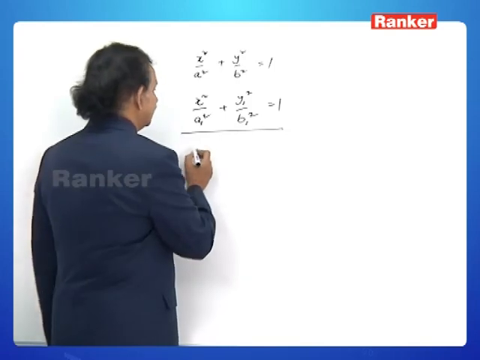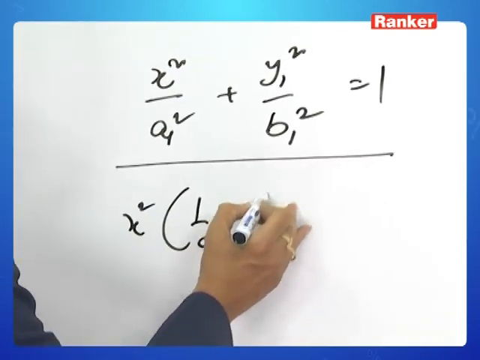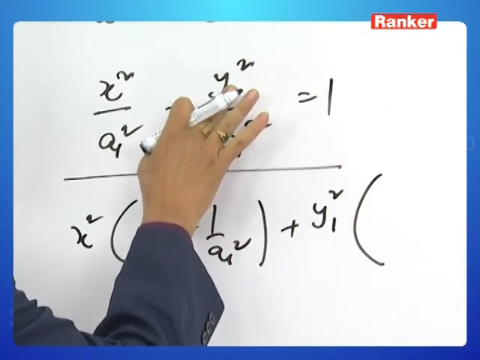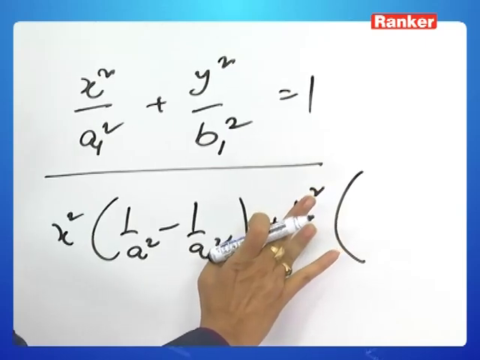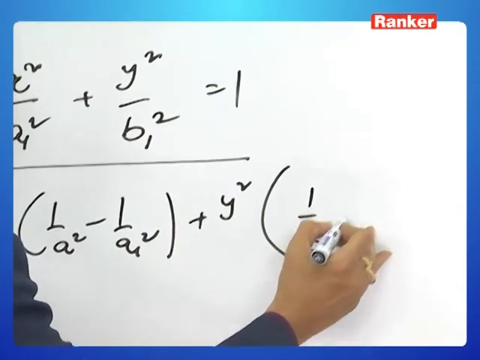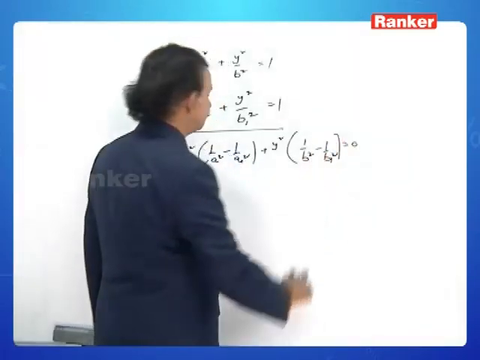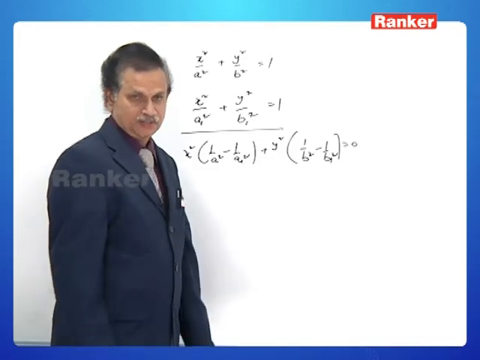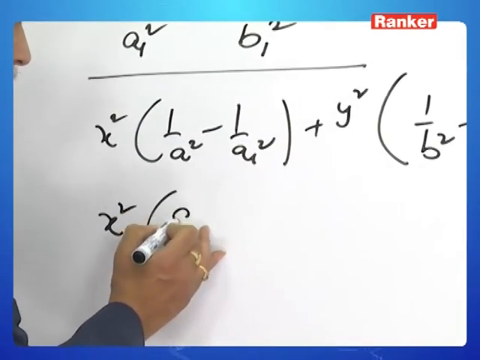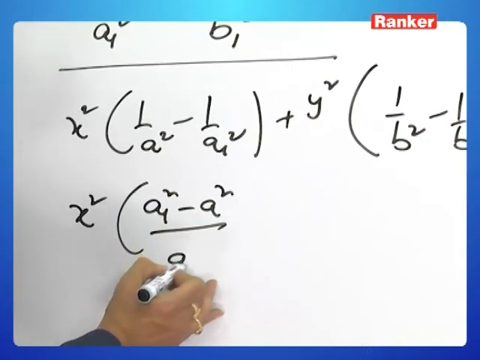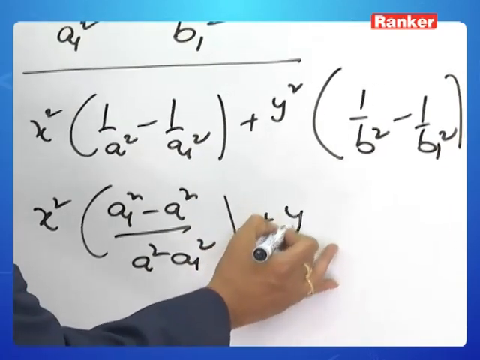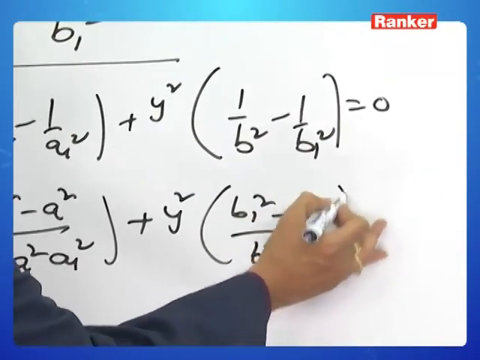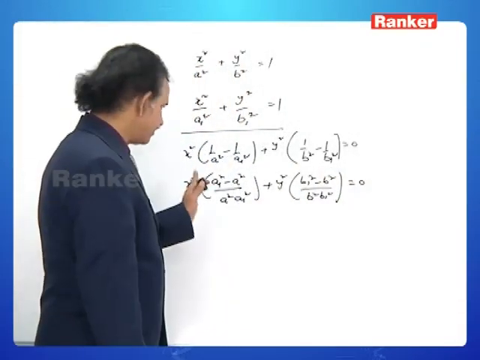What happens? x squared into ... Therefore, the point of intersection of these two curves should satisfy this equation, that is, x squared into ... plus y squared into ... Let us keep this aside.